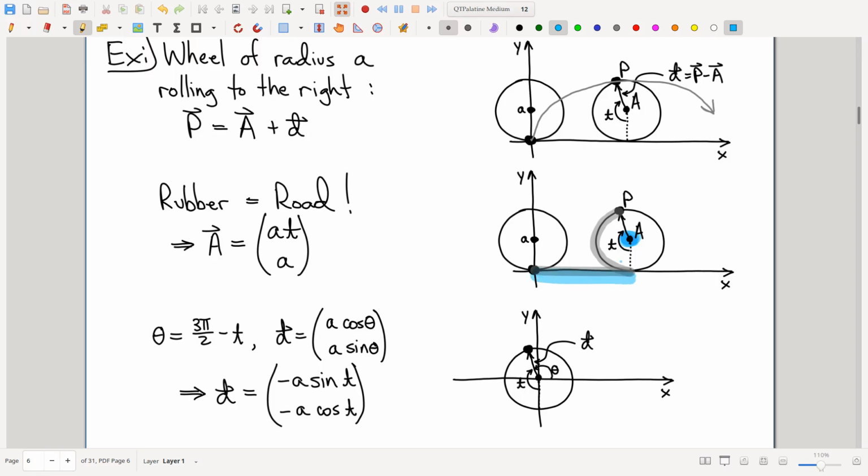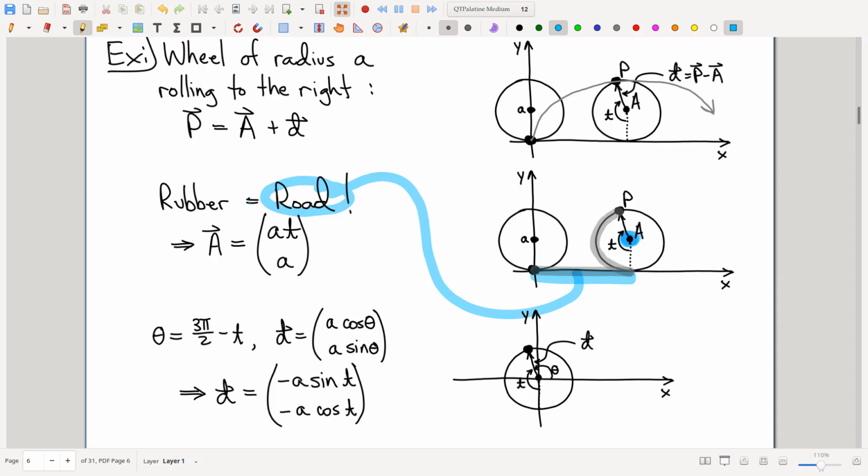And how can I relate that distance, the x coordinate of our axle, to t? And here's the big physical observation, a super clever observation. Notice that the x coordinate is a length of road. Specifically, that x coordinate represents the amount of road that has touched rubber.